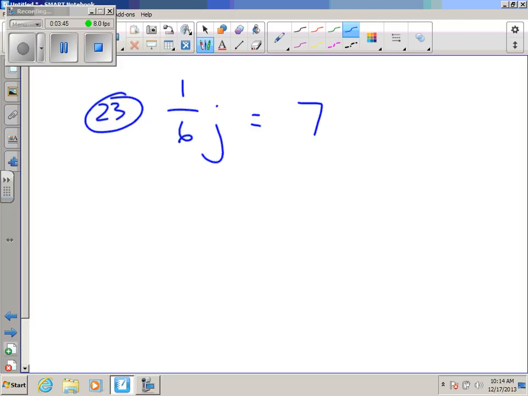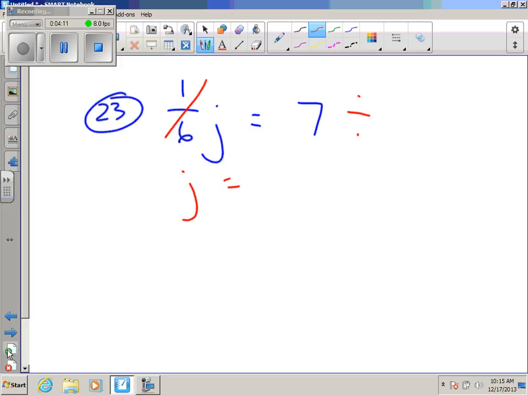Tell me what is happening right now to j. Sophia. It's being multiplied by 1/6. So if it's being multiplied by 1/6, the opposite is to do what, Sophia? Divide both sides by 1/6. That will isolate the variable.